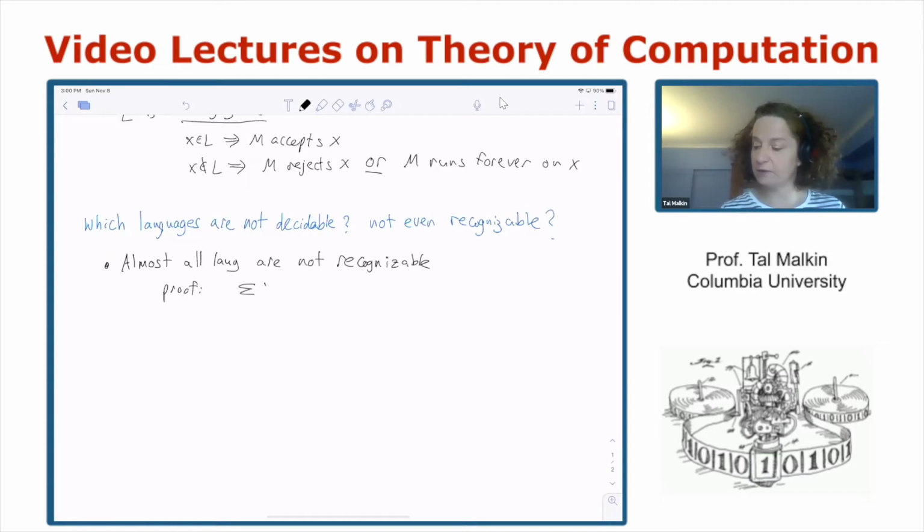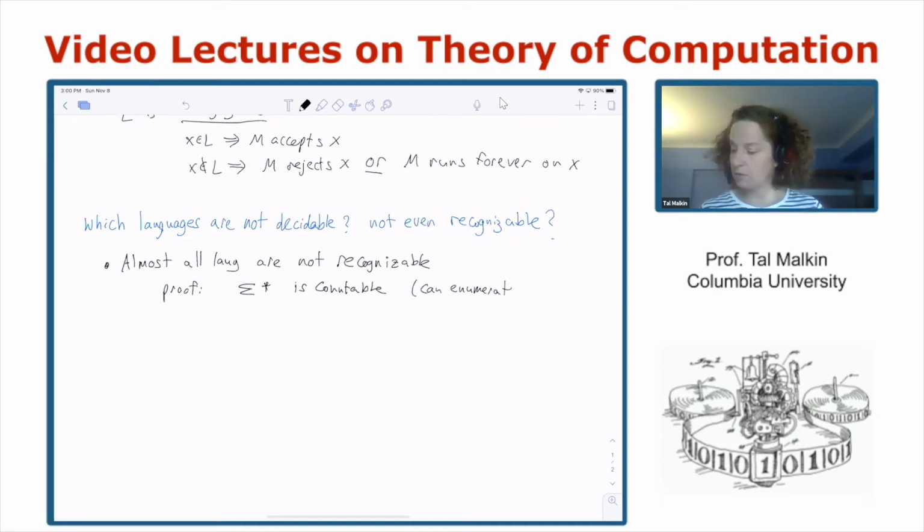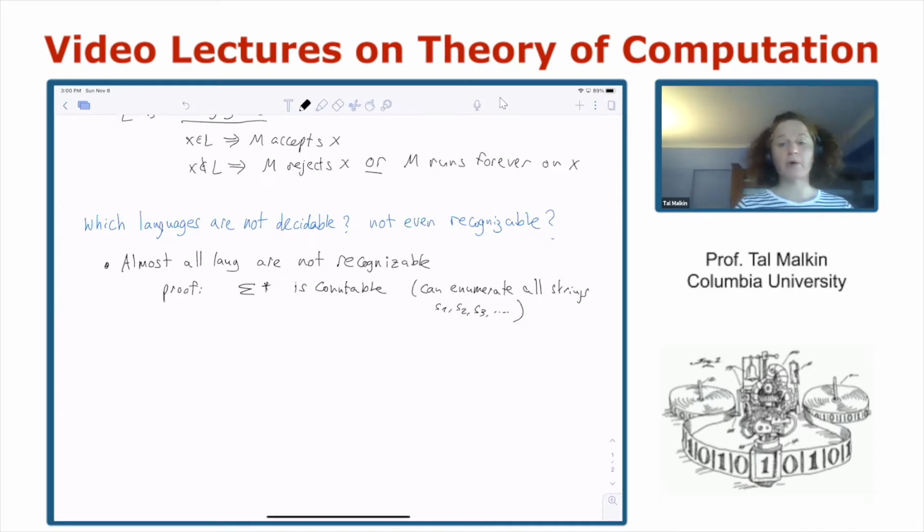First of all, the set of all strings is countable, because we can enumerate all strings in some order, let's say in lexicographic order or any order. So the set of all possible strings is countable.